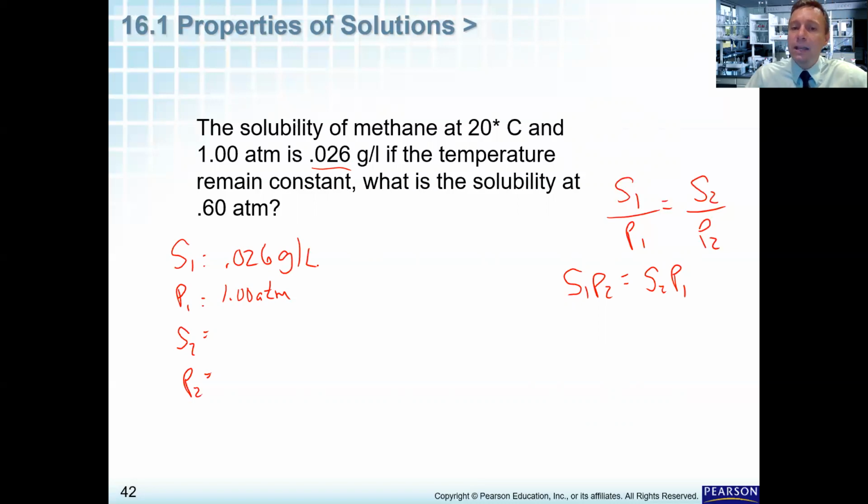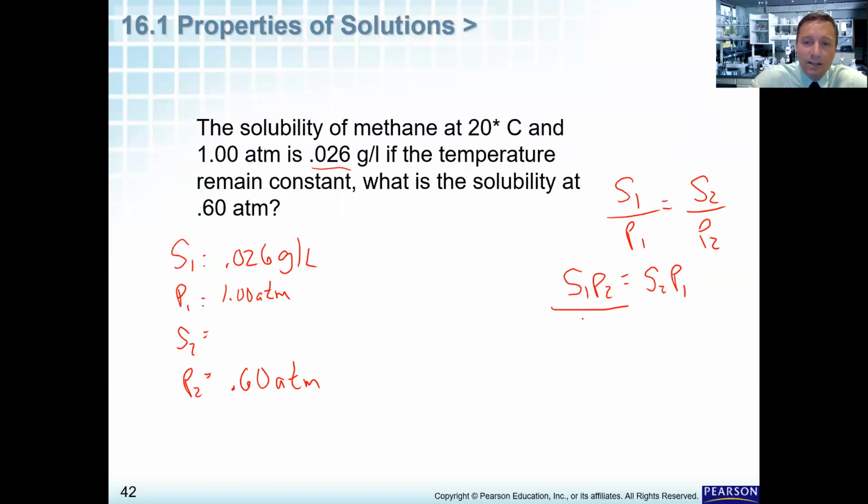If the temperature remains constant, what is the solubility at 0.60 atmospheres? So the pressure is 0.60 atmospheres. So my pressure fell. It should make sense to you before I even calculate it that my pressure fell, so my solubility should fall. So we're going to isolate and solve for solubility 2.